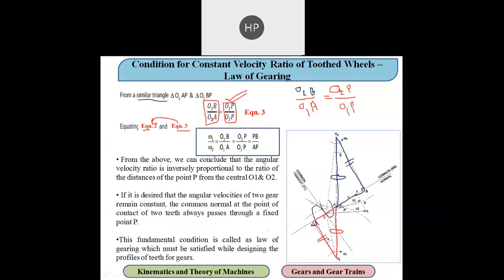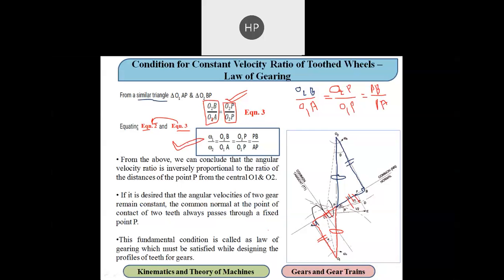And also we can write the same similarity, that AP, meaning this triangle or this line, is similar to this line. So we can also write it as PB divided by PA. So this is the equation that we have to derive.